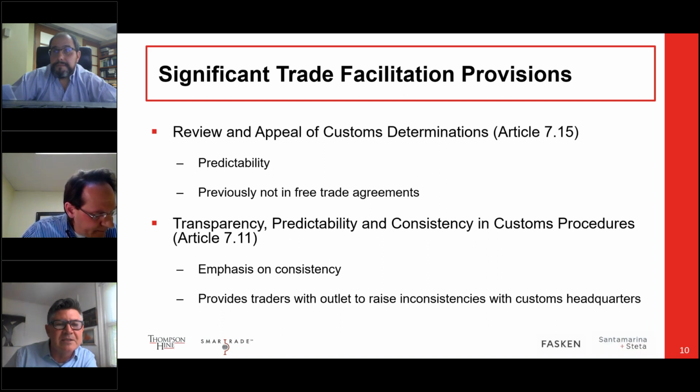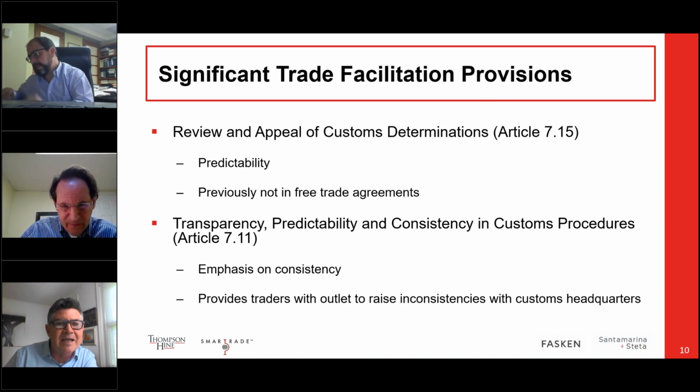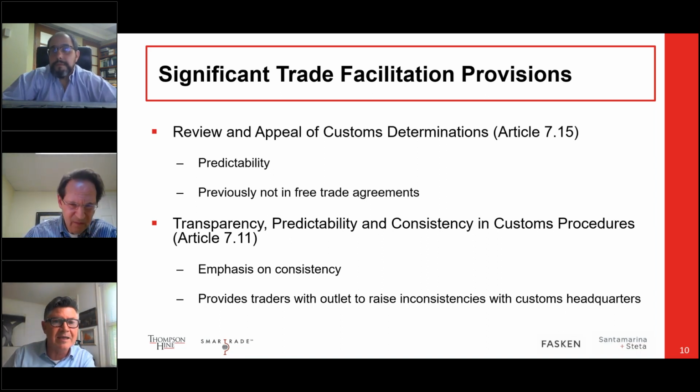One way to deal with this is to go to the uniform regulations that spell out exactly what needs to be in the document. I would recommend that you get it from the producer, which often is the exporter, your supplier, because they have the better information.